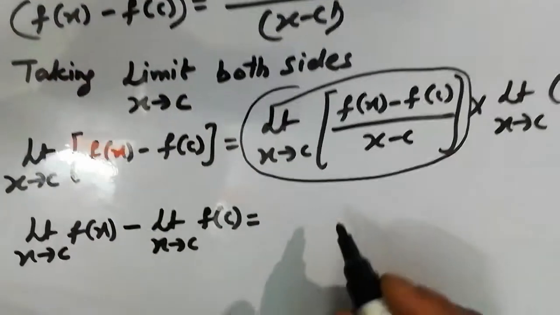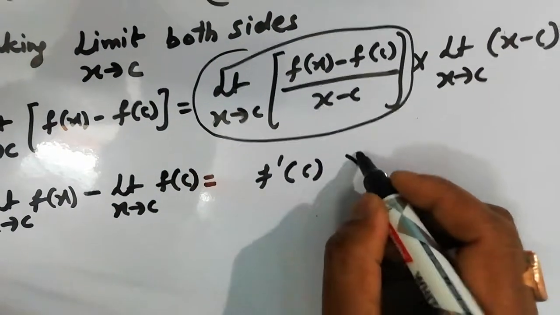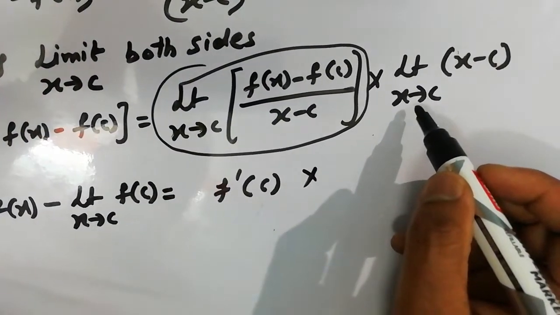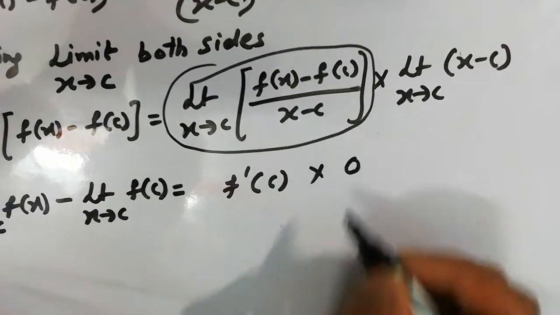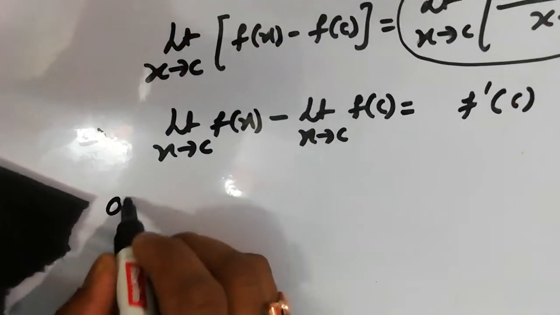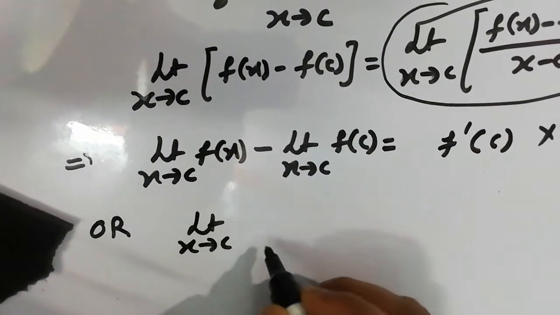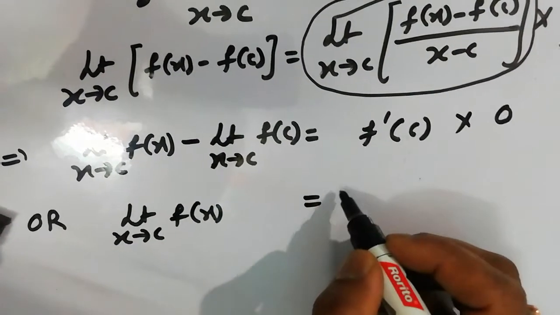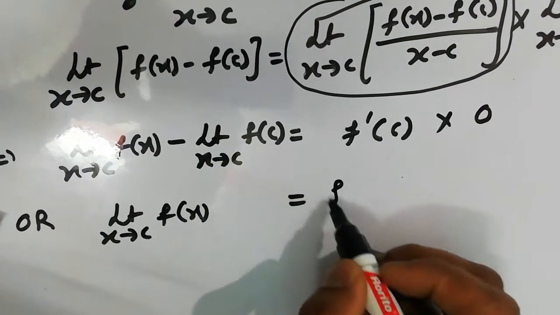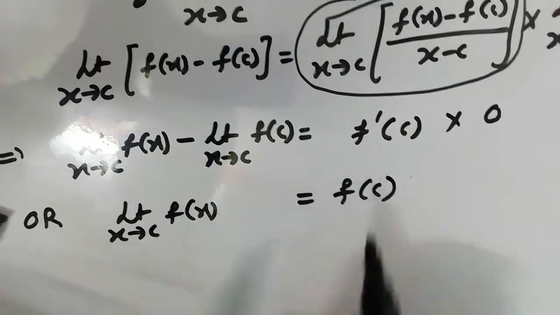So here we can write this is your f dash c, multiply and apply the direct limit here, put x equal to c, then c minus c is equal to 0. So the limit as x approaches c of f of x is equal to, this will go to the other side, f of c alone, because here there is no x, so we can write this is equal to f of c.